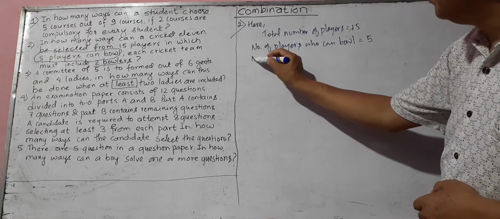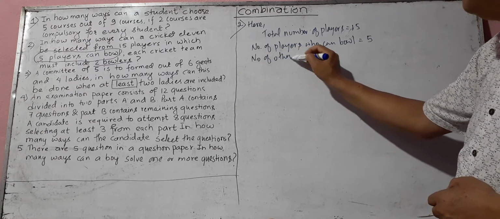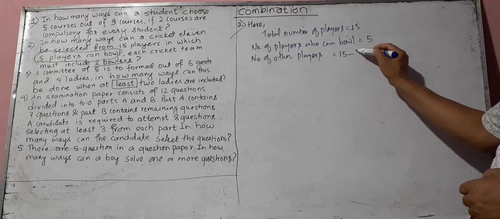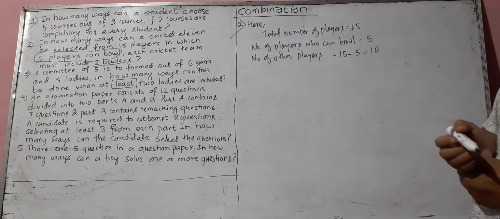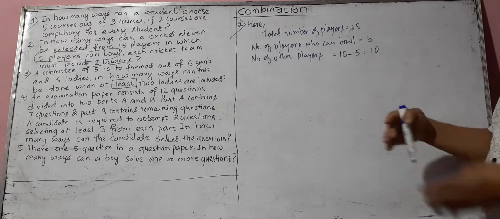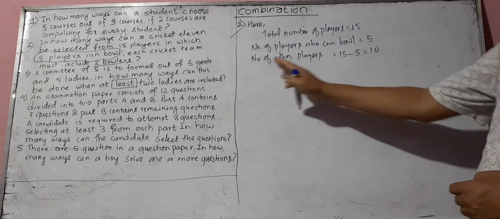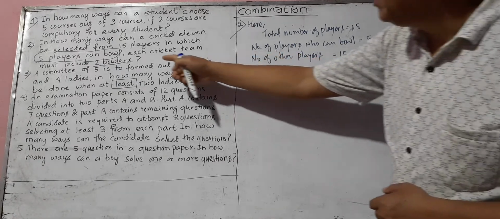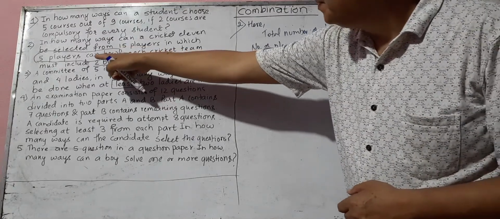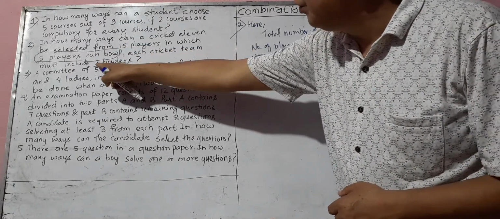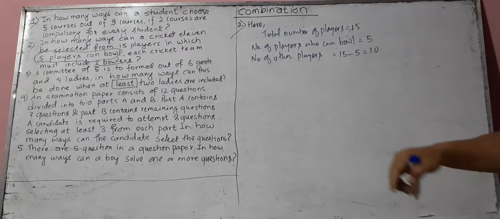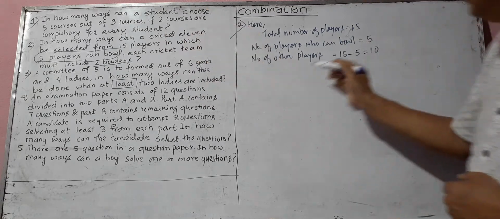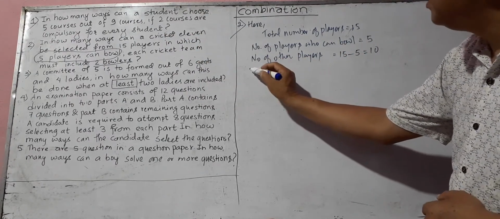So the number of other players is equal to 15 minus 5, that is 10. So we have two sets of players: one is bowlers, another is other players. Now we have to select. Since 5 players can bowl, out of which 2 must be included, and the team is 11 players, so the number of players in a team.